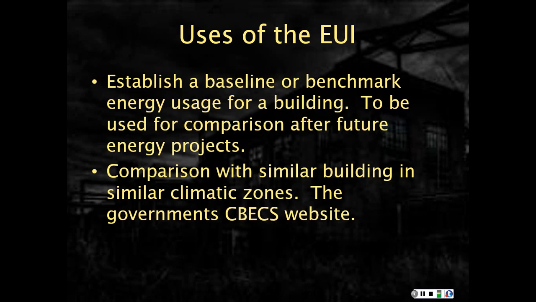The government maintains this website, and again, it's for commercial buildings, not industrial buildings, and it was meant as a voluntary survey by commercial customers to log in their overall energy usage. It's a way to go in and potentially look for similar buildings, again in similar climatic zones, that you can compare your own building with.